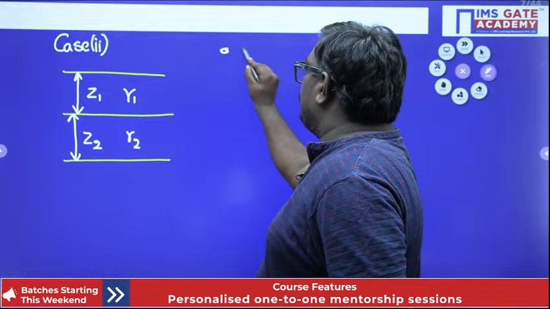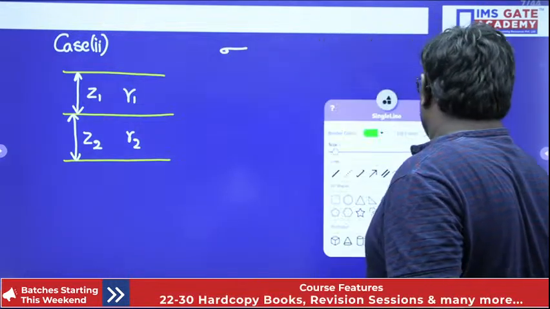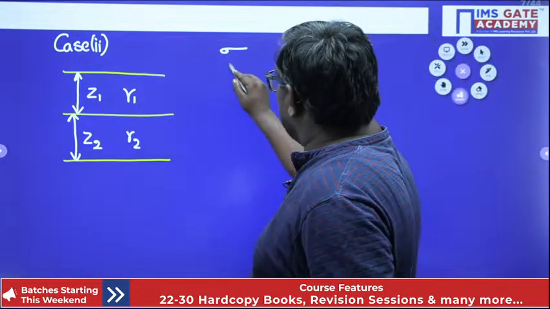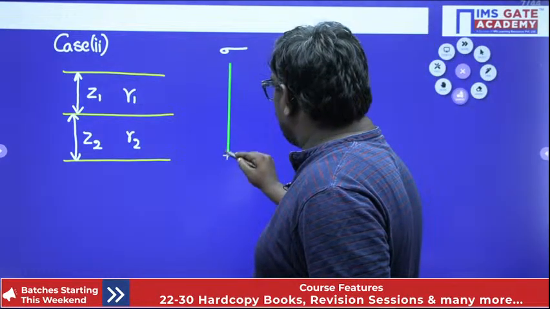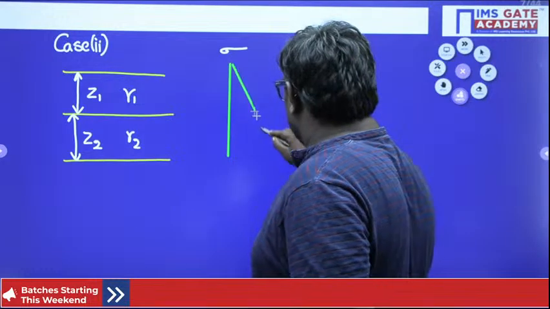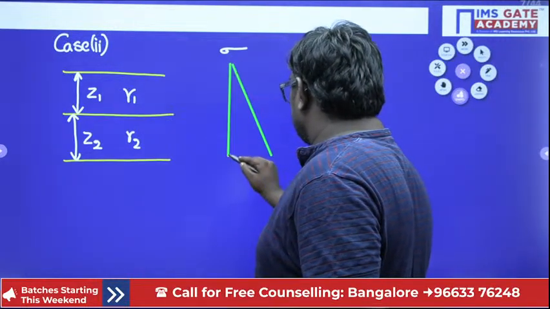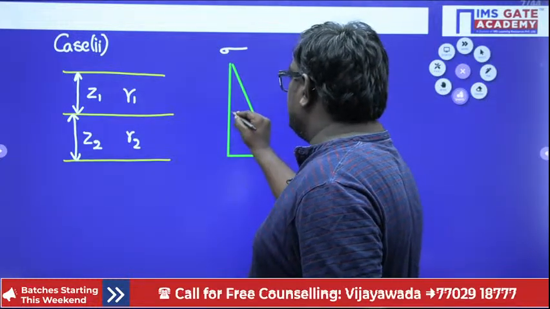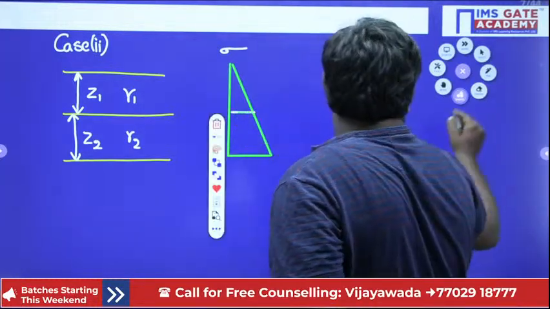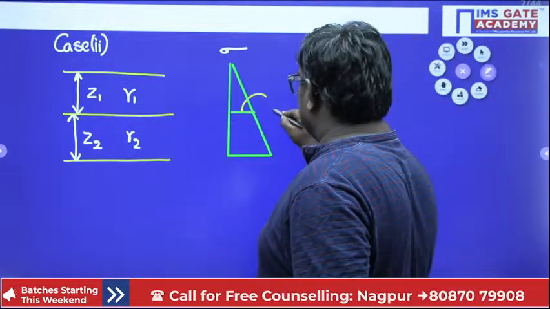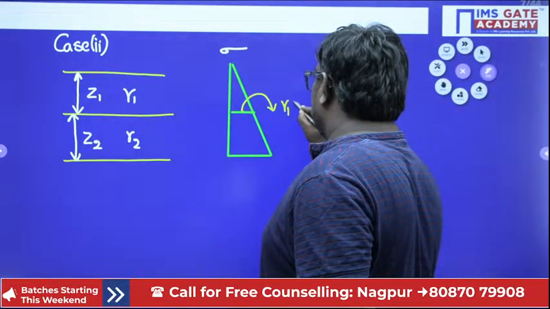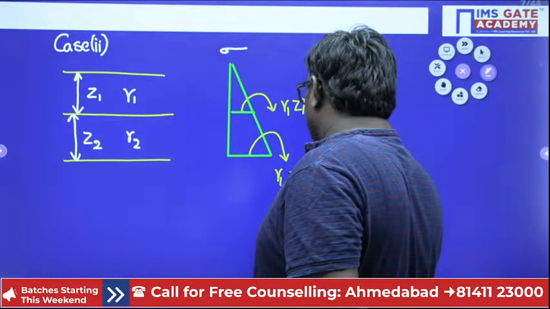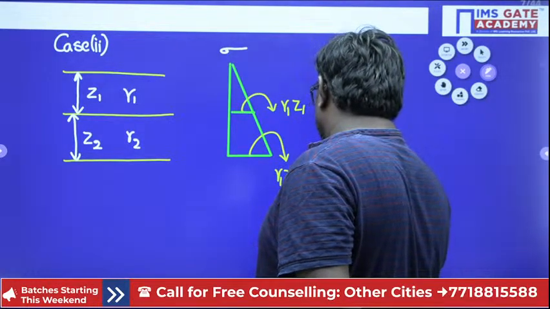Now, how do you represent the total stress? Here you can write it as gamma 1 Z1 plus gamma 2 Z2.